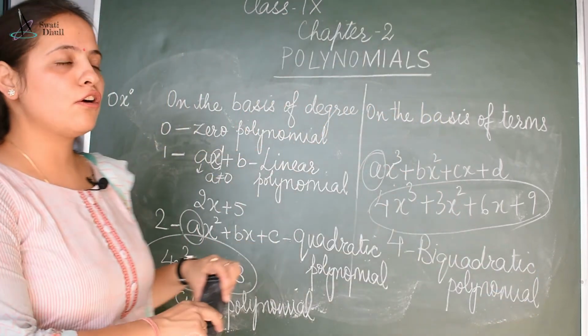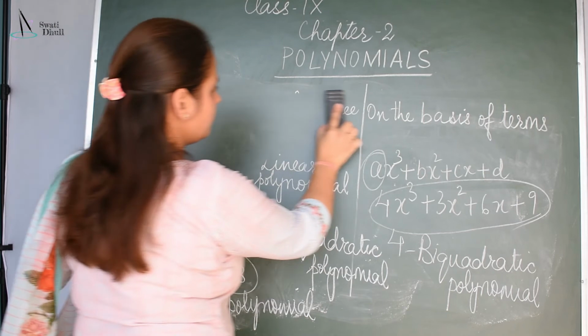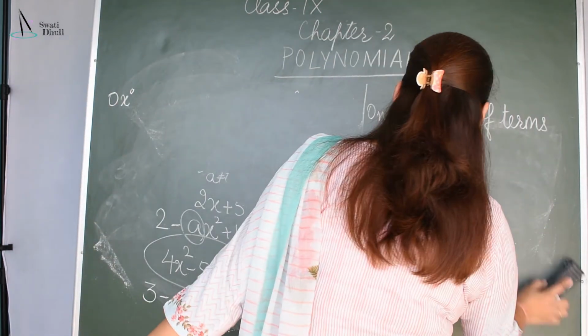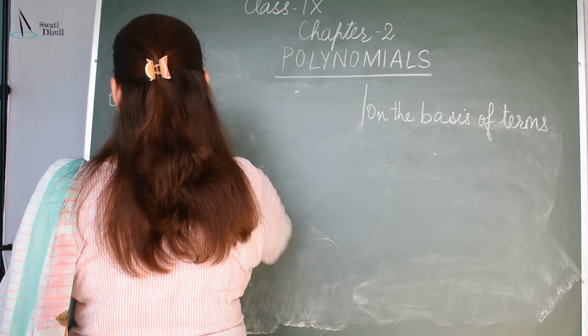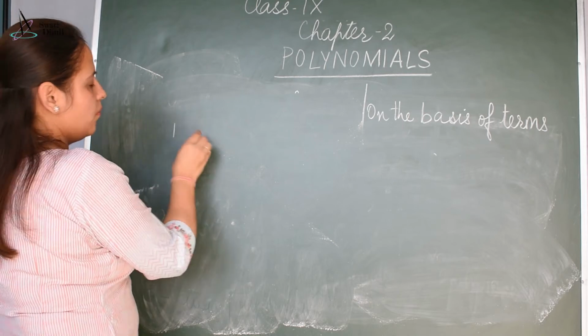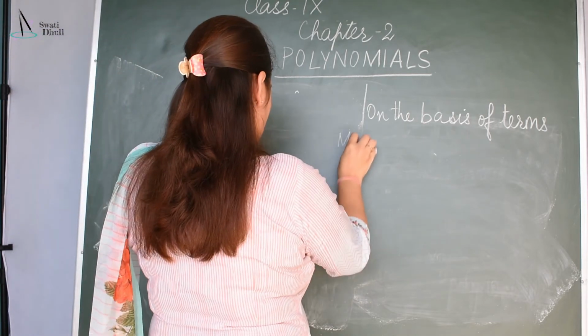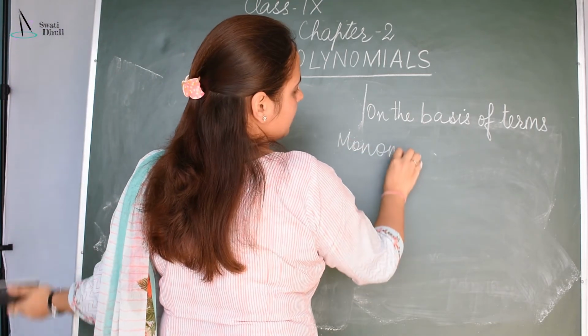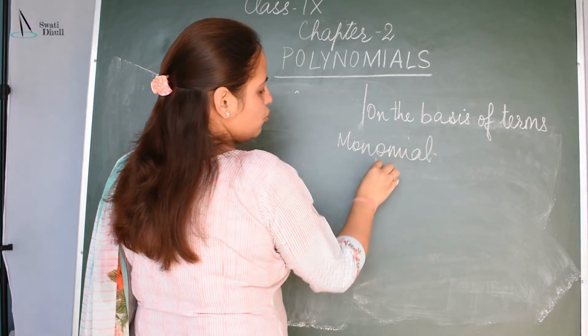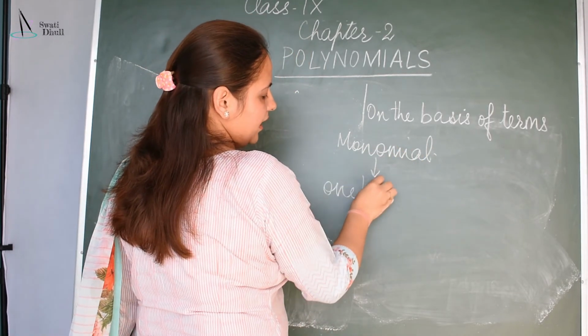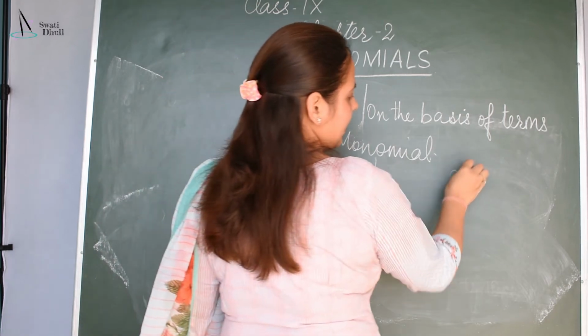Now, on the basis of terms, we have monomial. Monomial means you must have only one term. Let's say x.